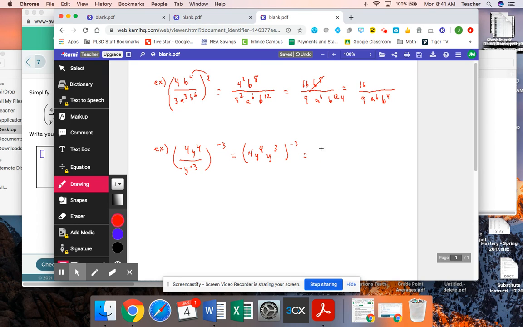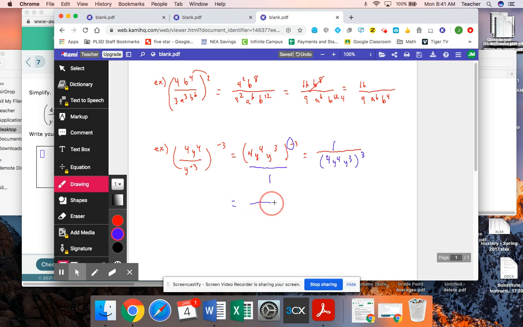I can first raise everything to the negative power, which means move all of this stuff down below. Because remember, in theory, this is all over 1. So I can flip it and make it positive. So I can say 1, and then 1, and then have a 4y to the 4th, y to the 3rd, all cubed. That's what this did.